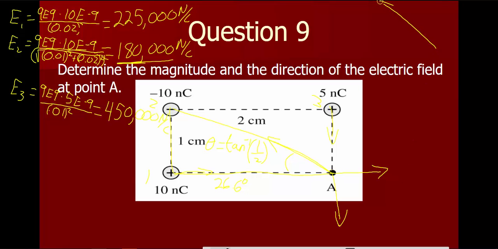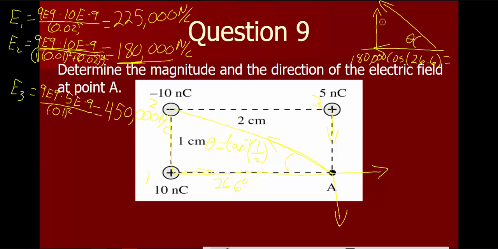Okay, so now we need to break this guy into its vector components. To emphasize this, I'm going to draw a little triangle. We've got an X component and a Y component, and our angle is theta there. So the X would be sine or cosine? Cosine. So this is 180,000 times cosine of our angle, which is going to be 26.6.